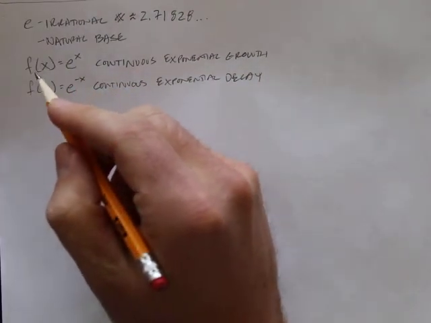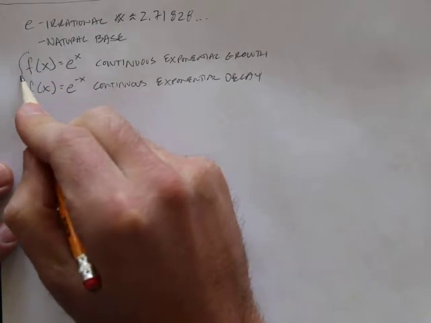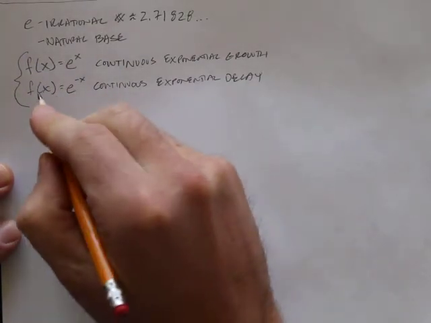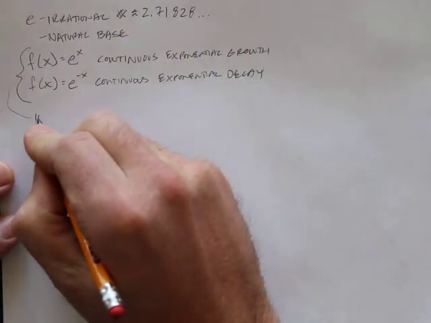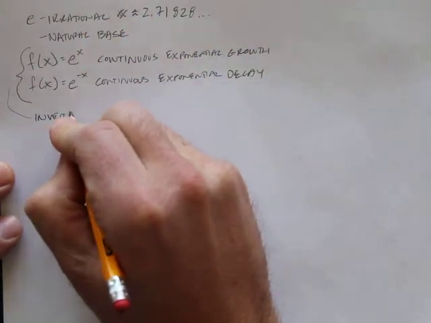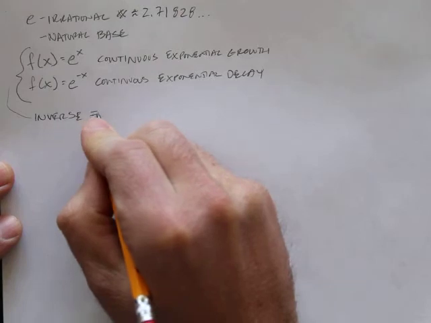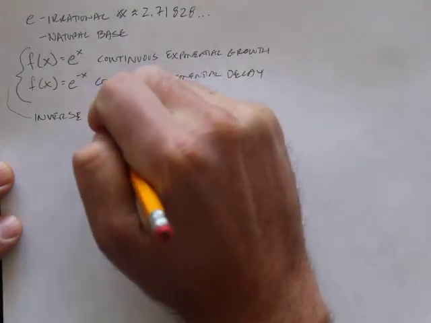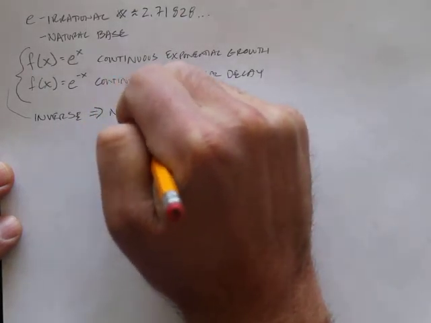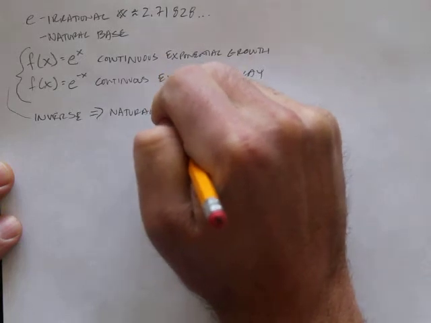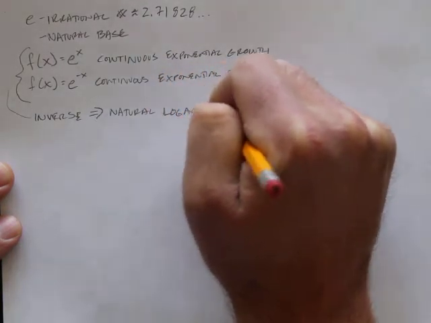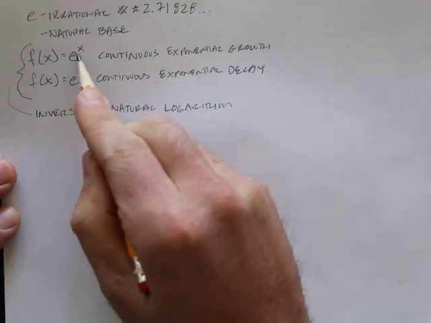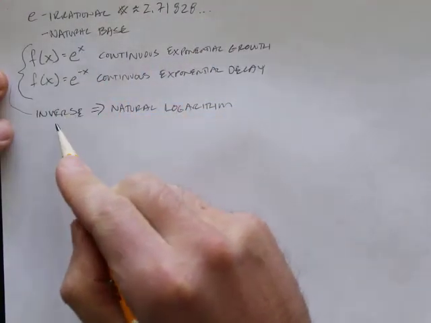Now, we're going to look at these guys here, and we're going to say the inverse is a natural logarithm. So remember, the inverse of an exponential function is a log.